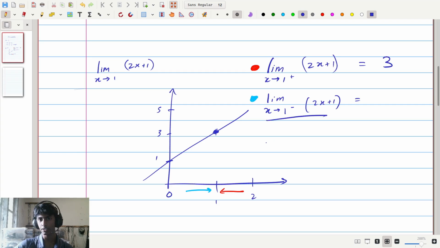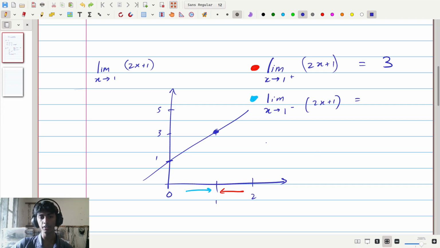How about from the minus side? Well, in this case, we want to choose a number that is less than 1 but getting closer to 1. If we do a half first, substituting a half into here, we have 2 times a half plus 1, which is 1 plus 1, which is 2. If we instead try a bigger value, let's say 0.75, which is about here, this will give us a value that is closer to 3.